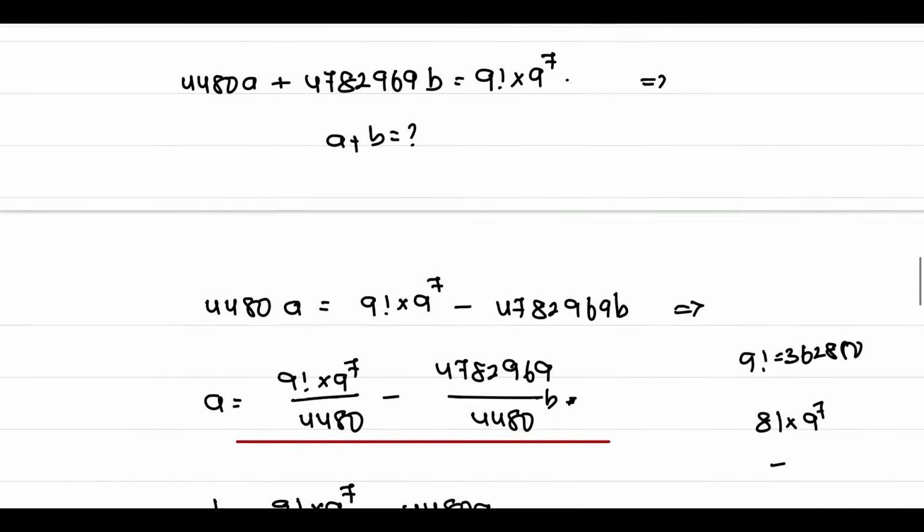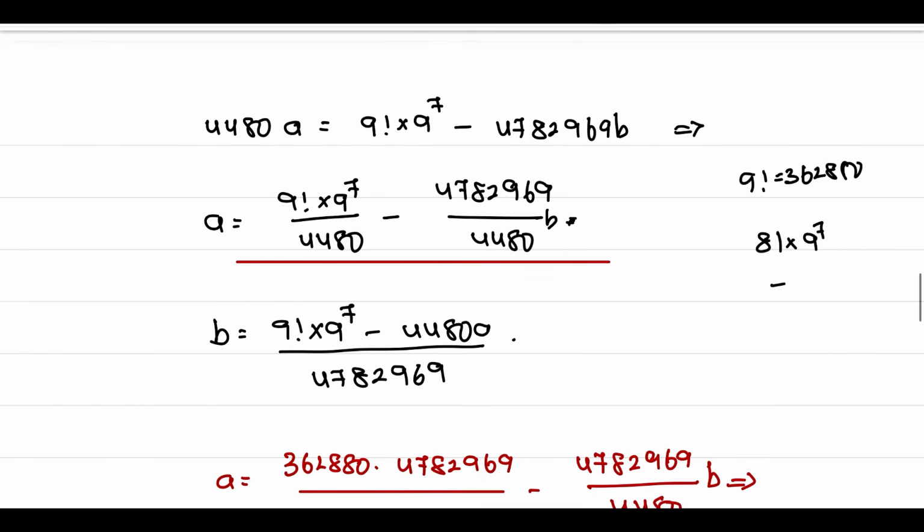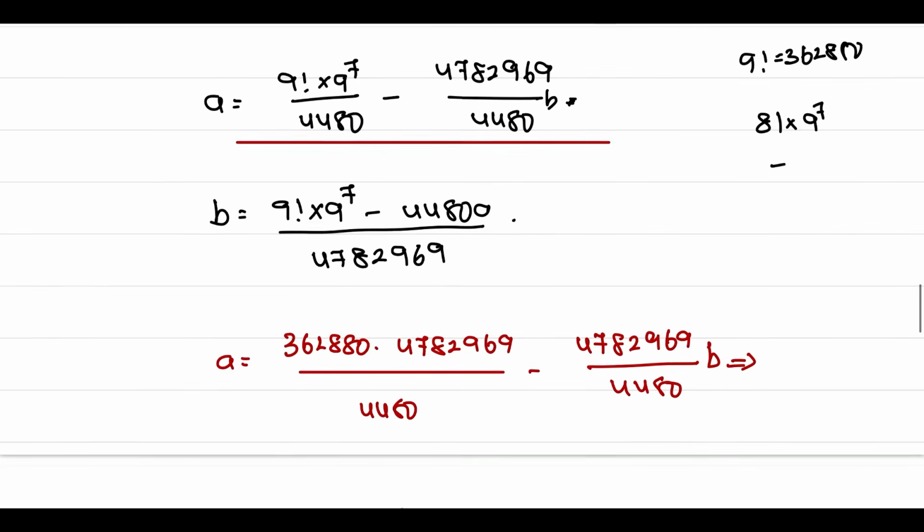Then from that I have found out a relation between a and b, so that a can be expressed in the form of b. This 362880 is 9 factorial and 9 to the power of 7 is equal to 4782969.